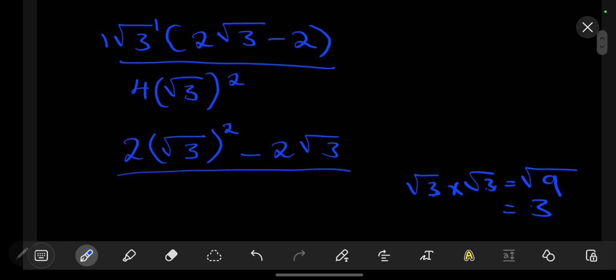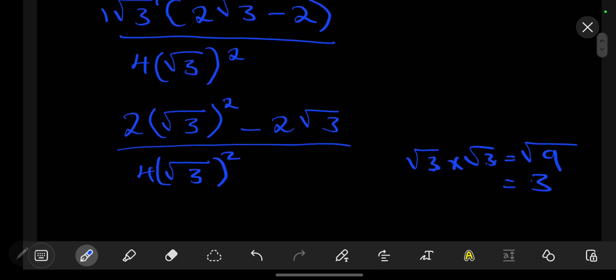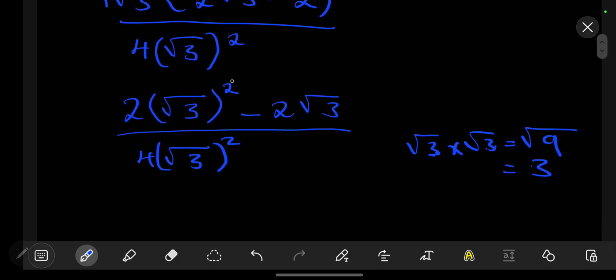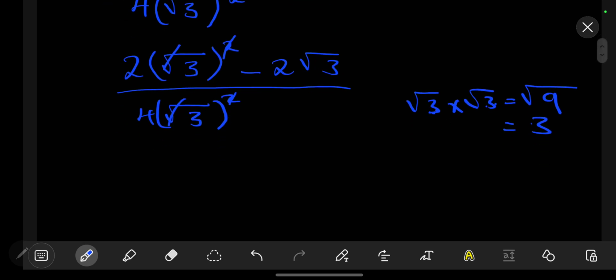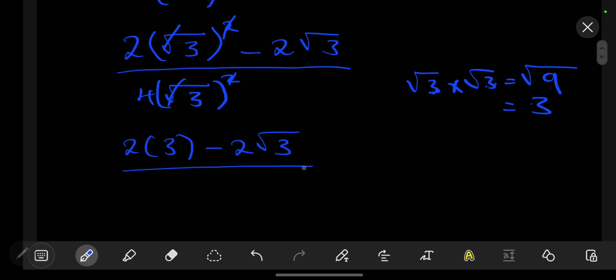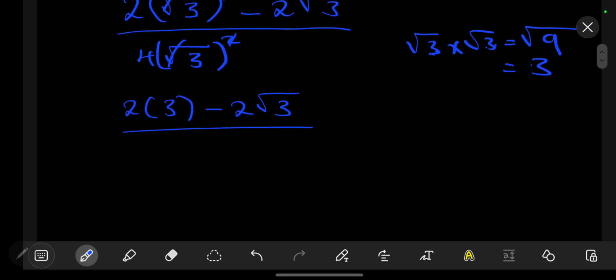Then over, we are going to have our 4 square root of 3, like that. Then we have a square. What happens to the square is that this one and this one will cancel, this one and this one will cancel, which is the same as just multiplying what was inside. So we are remaining with 2 times 3 minus 2 square root of 3, over 4 times 3, which is 12.